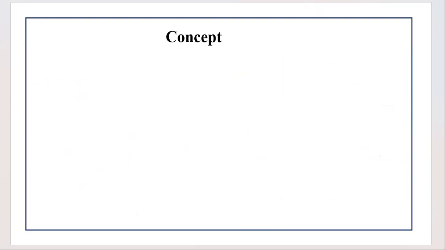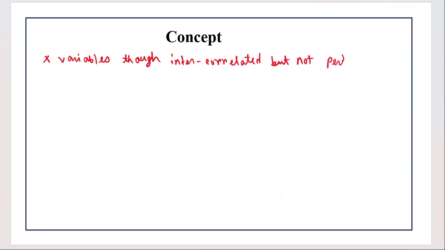Now, there could be some situations when this multicollinearity is less than perfect, where the x variables will be intercorrelated, though not perfectly. So they will be intercorrelated, but not perfectly.